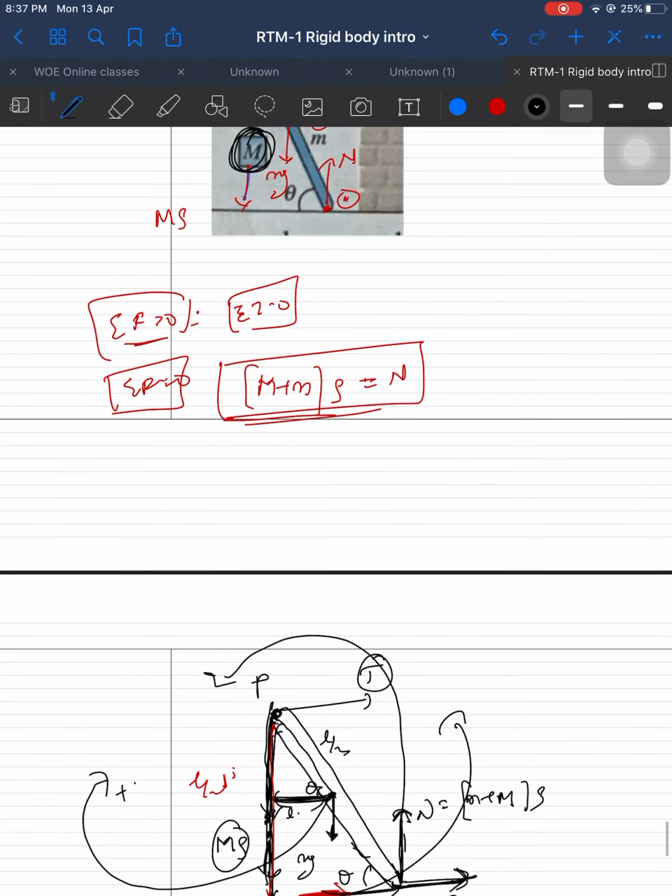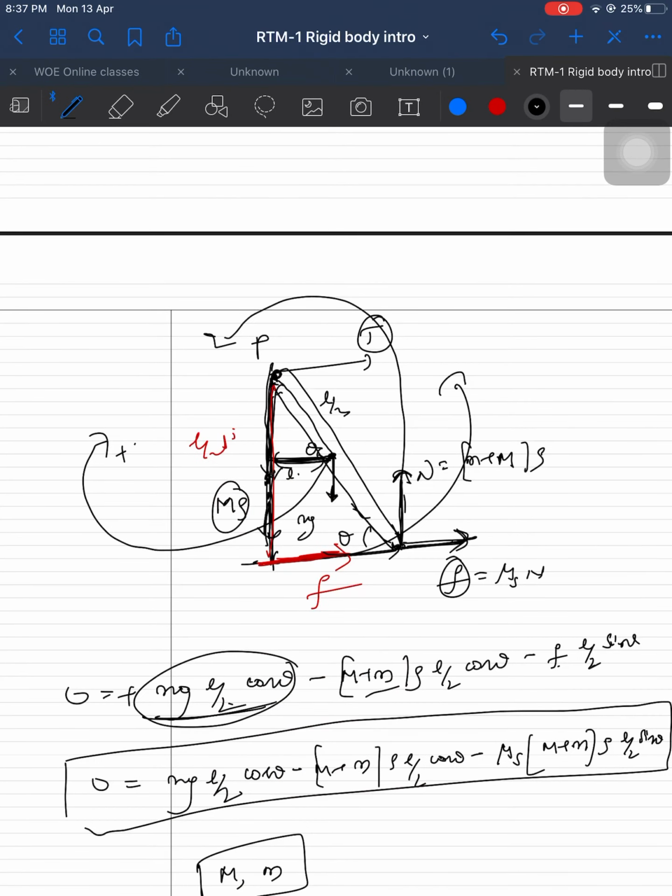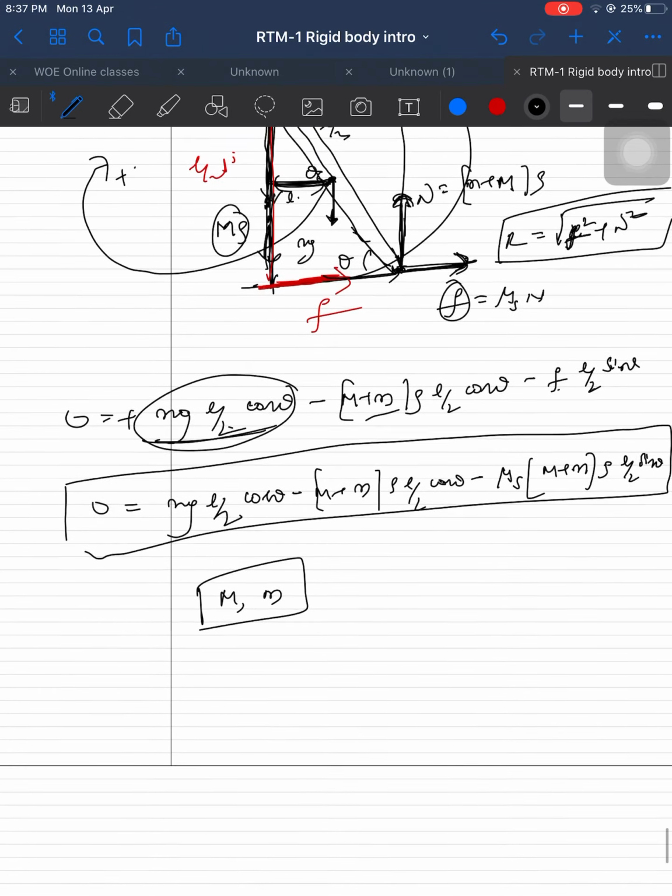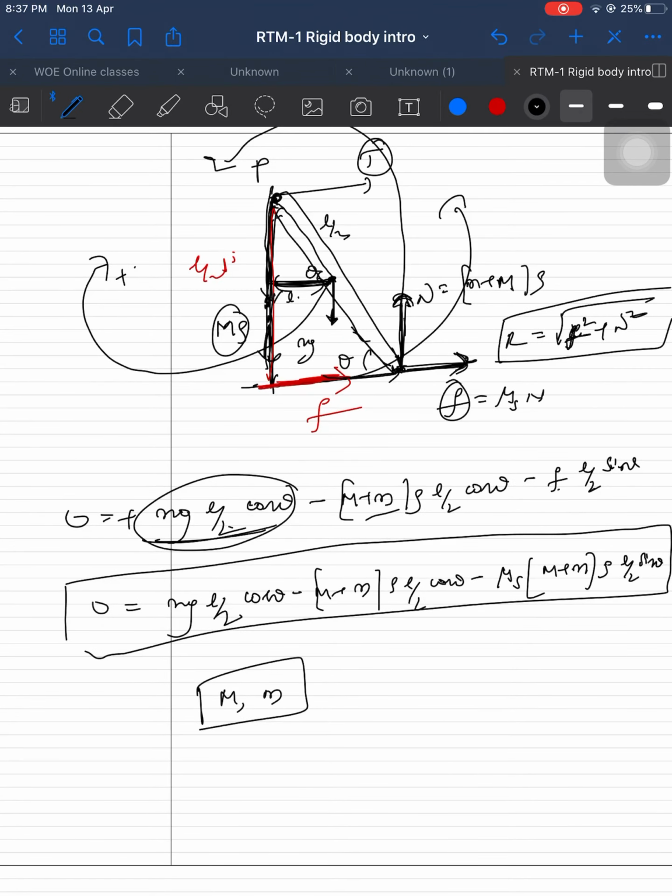And the reactive force is from the floor. R is equal to two forces are acting, perpendicular to each other, square root of f square plus n square, friction square plus normal square. Okay, in one case you consider minus f into L by 2 sin theta.